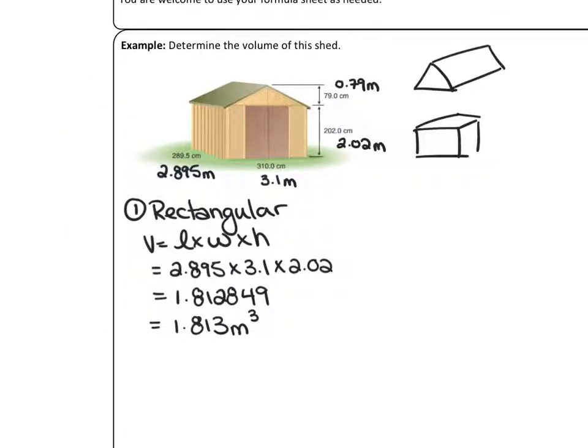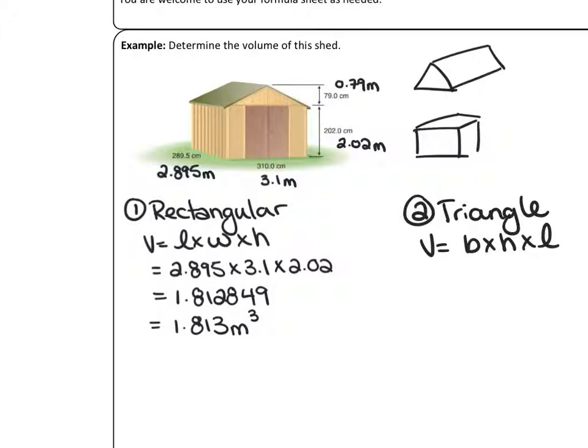Then we'll do the second shape. We'll do the triangular prism, or the top part, which, if you look at the formula for volume, it's base times height times length, all divided by 2.